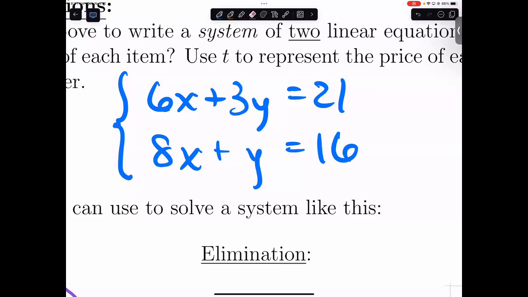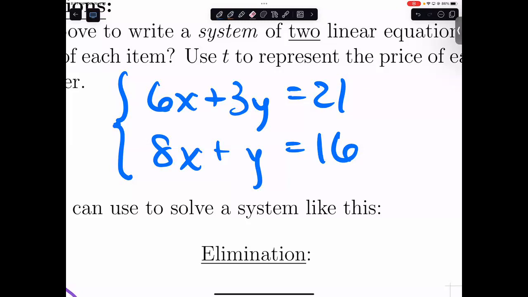So how can I take these two equations and mush them together so that one of the unknowns goes away? The way we do that is by adding them together or subtracting, maybe with scaling also. You can do whatever you want to one side of an equation as long as you do it to both.